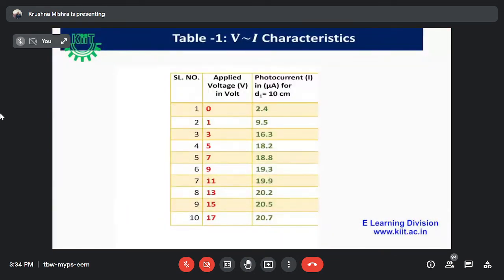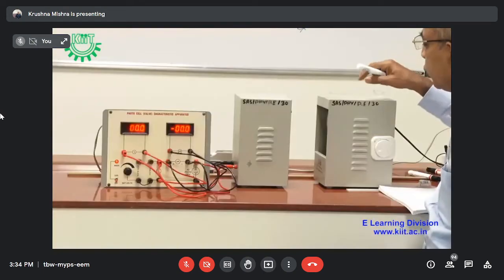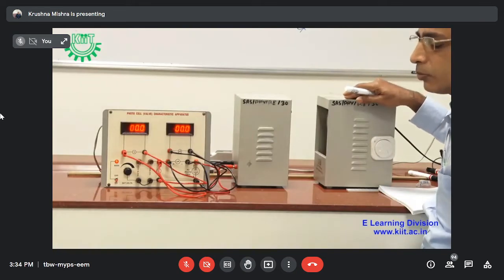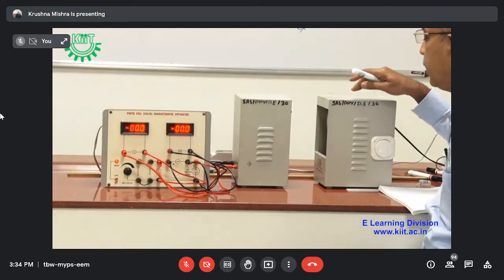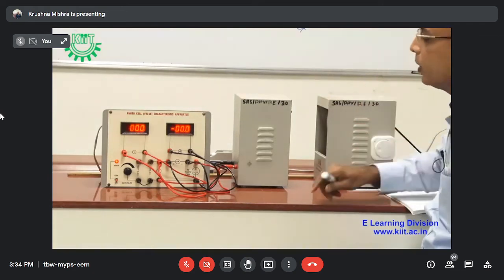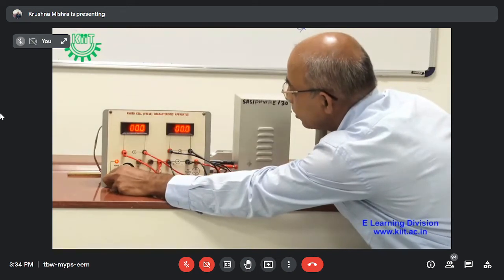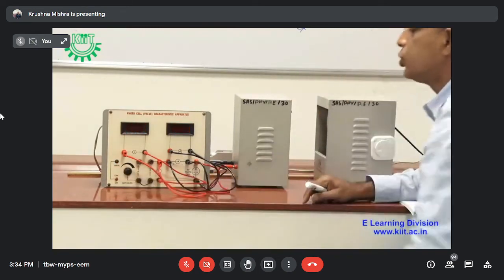So if we go on increasing the potential between cathode and anode, we should not keep constantly illuminating the photocell by the source. You can see now it has already reached the 0 position, then we will switch off.